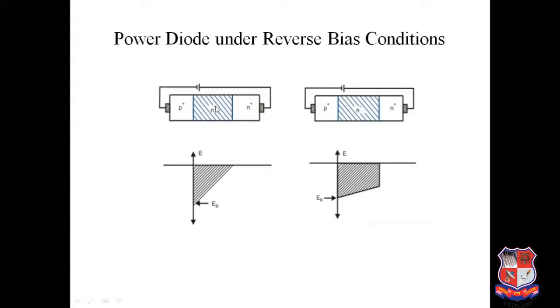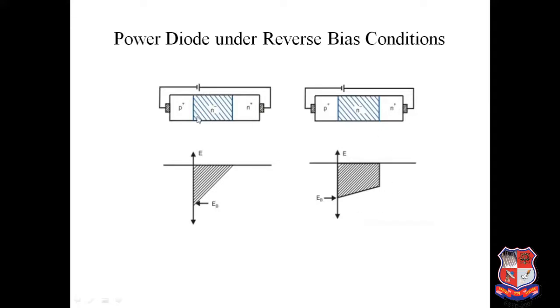Okay. So now two types of diode exist. One is the non-punch through and one is the punch through. In the non-punch through diode, the depletion layer boundary doesn't reach the end of the drift region. On the other hand, in the punch through diode, the depletion layer spans the entire drift region and comes in contact with the N plus region.